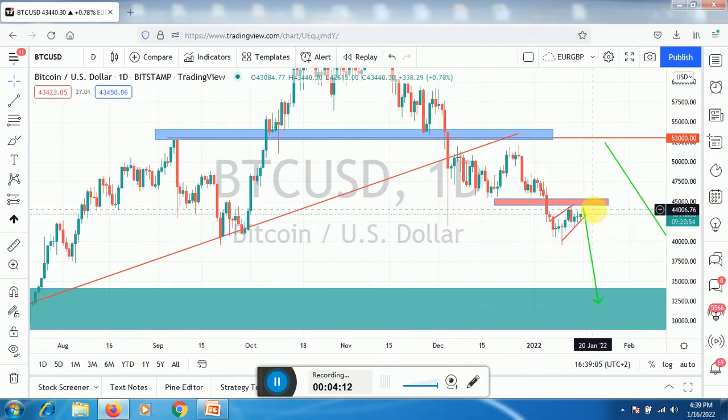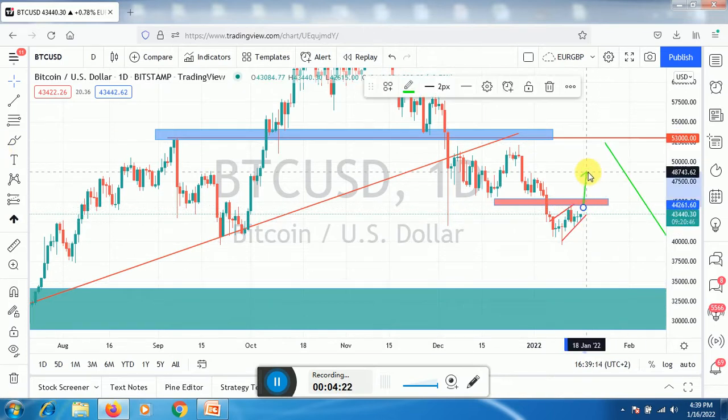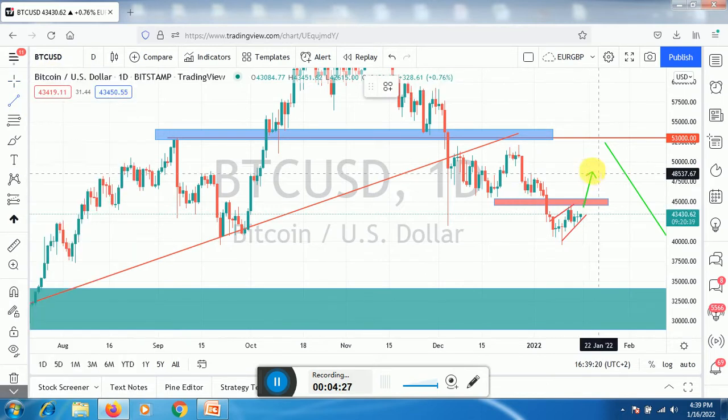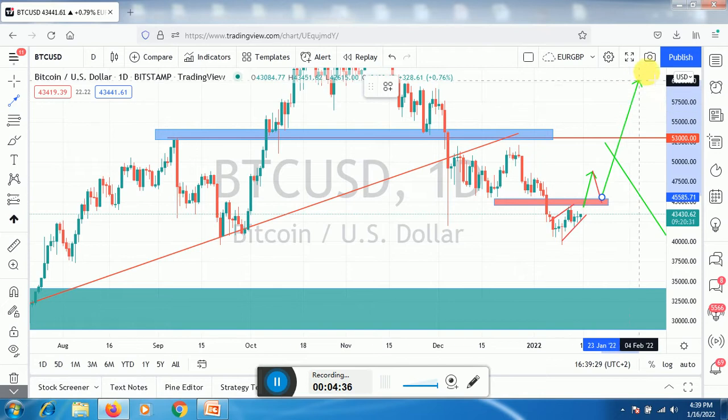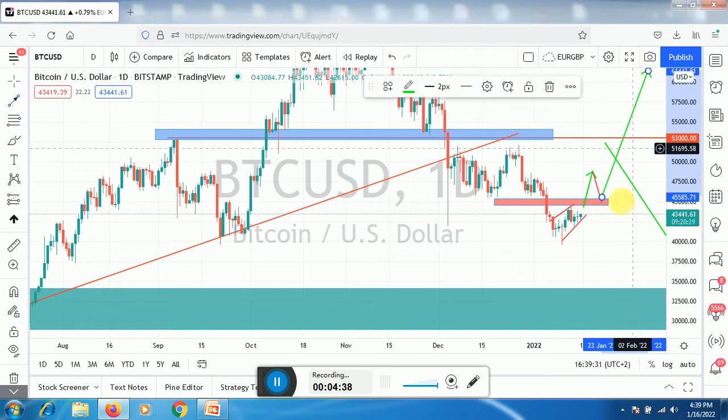But if it starts trading above this 35k level, maybe it can do something like this, and perhaps price can move a bit higher.